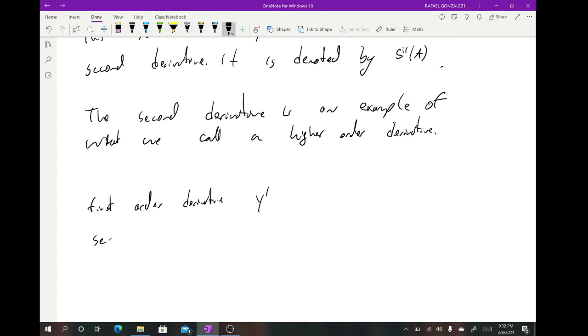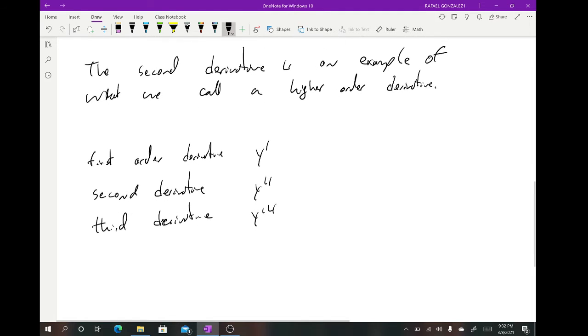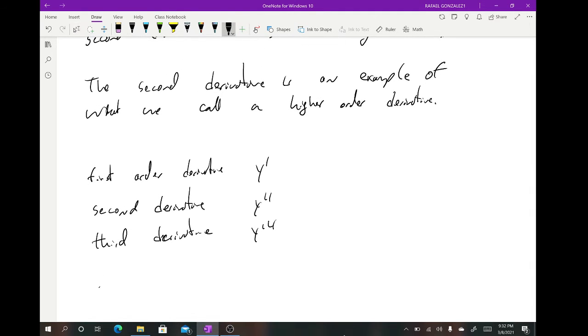and the second derivative will be y double prime. And you could have a third derivative, y triple prime. And you could have a fourth derivative, y quadruple prime.